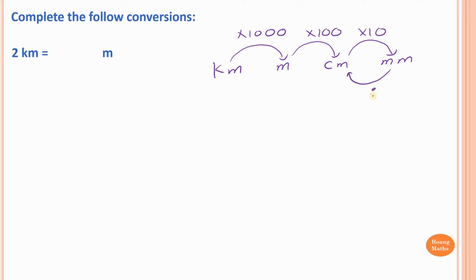We're going backward, so we divide by 10, divide by 100, divide by 1,000.